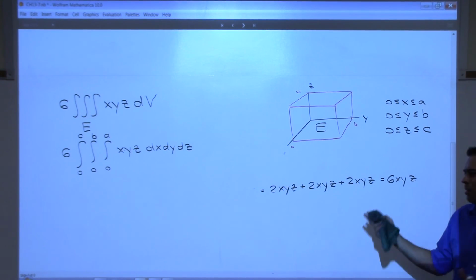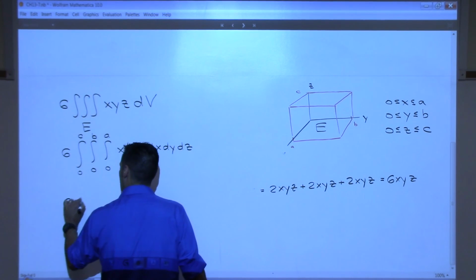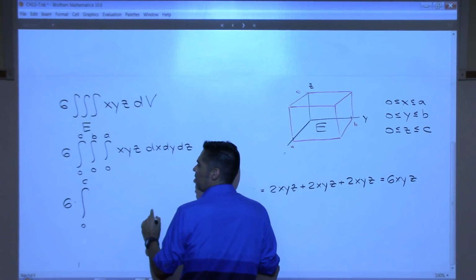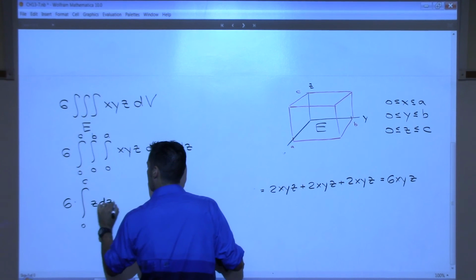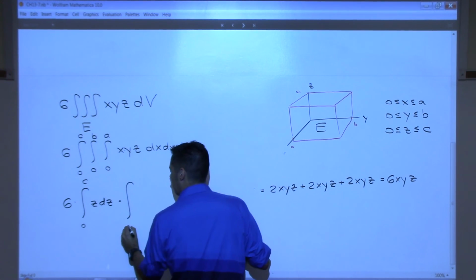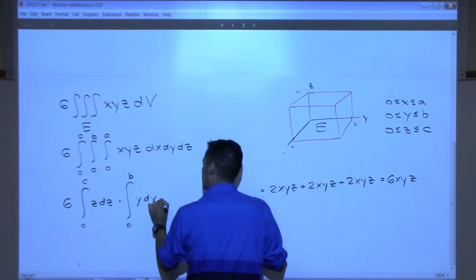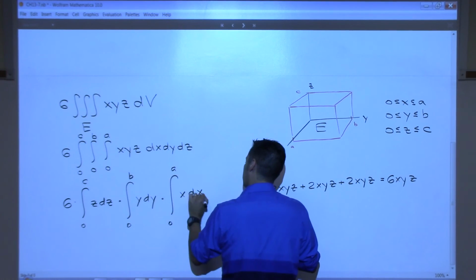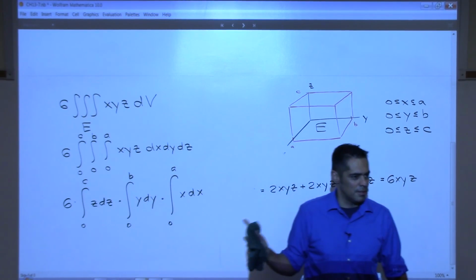Yes. Or I could just do it all at one time. I'm going to break it apart. I'm going to have 6 times the integral from 0 to c of z dz times the integral from 0 to b of y dy times the integral from 0 to a of x dx. And you don't get 6's on each one of those, right? It's just 6 one time.